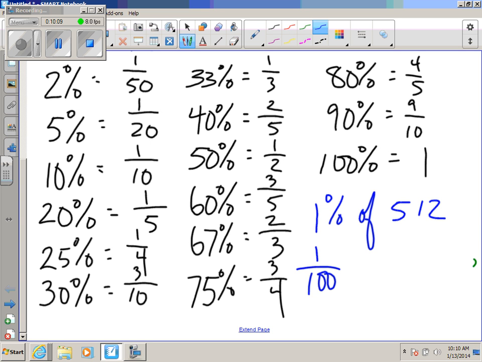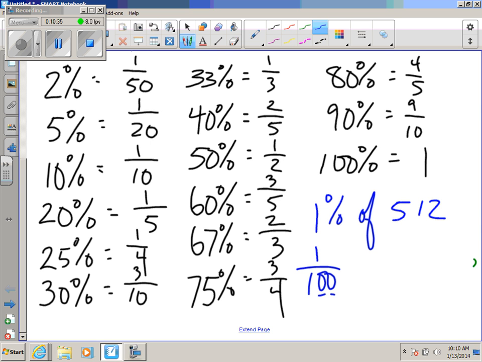Very similar to what we had before when we had 1/10. What would we call 100? Power of 10. 10 to the what power? Second power. Okay? So as before, when I divided by the 10, I moved the decimal one place because there was 1 0 for 100.